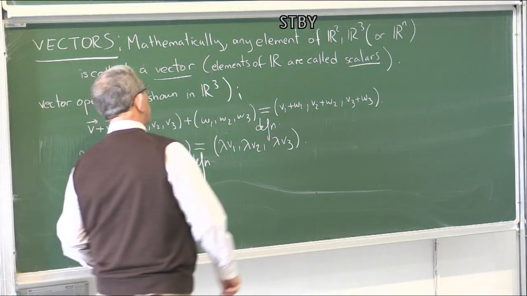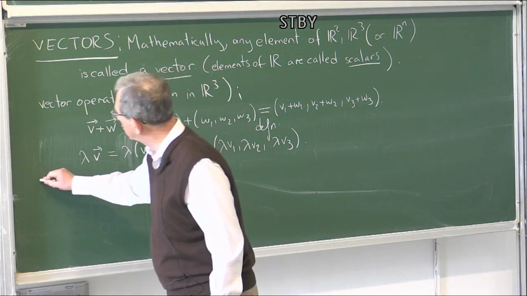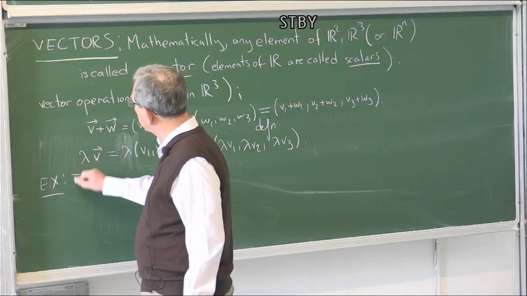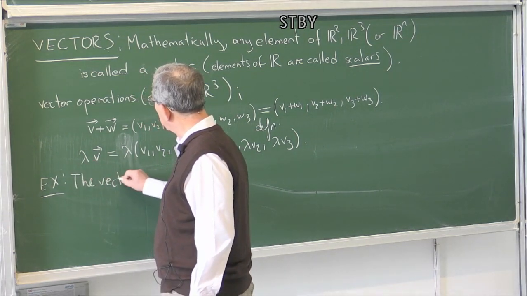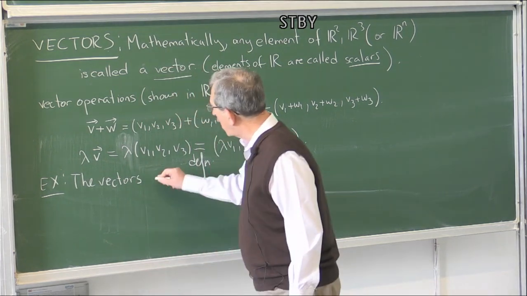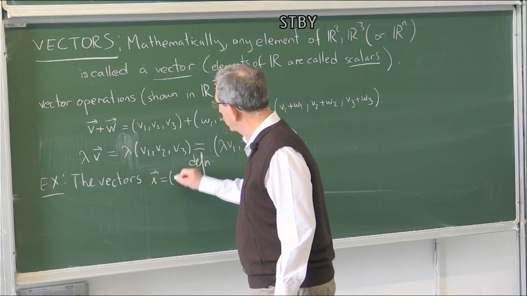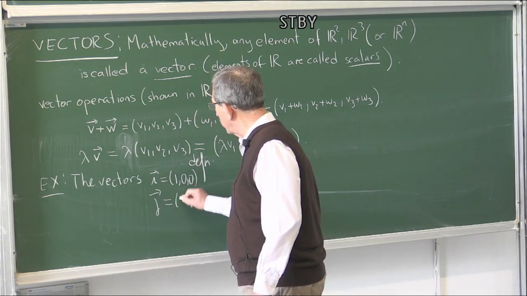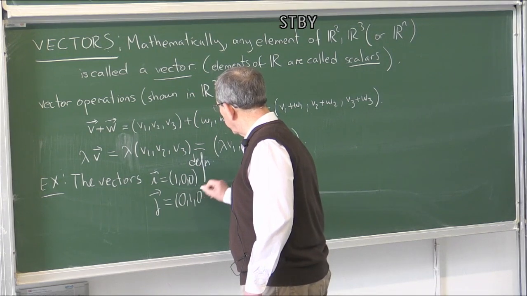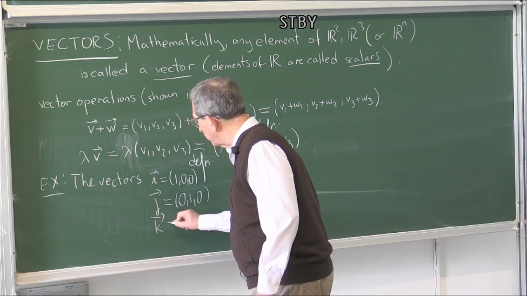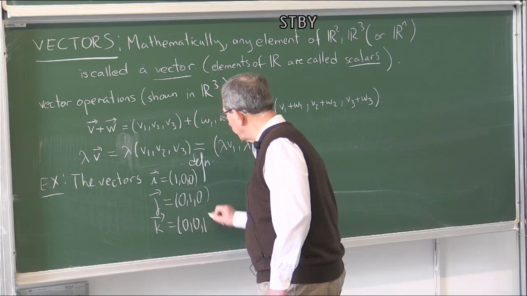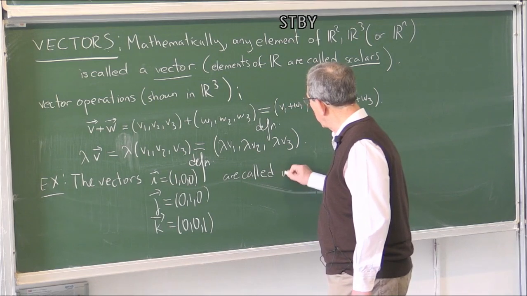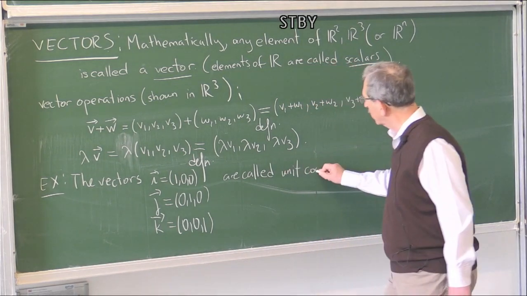Well, here we have some special cases. Let me state that directly as a definition. The vectors i, 1, 0, 0; j, 0, 1, 0; and k, 0, 0, 1 are called unit coordinate vectors.